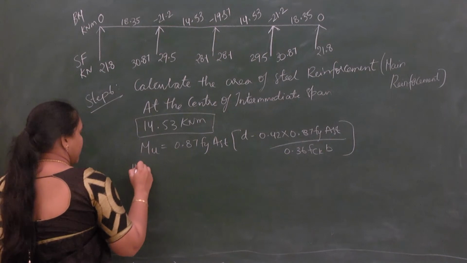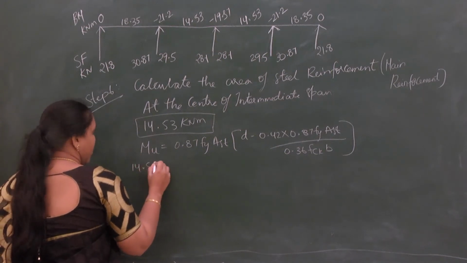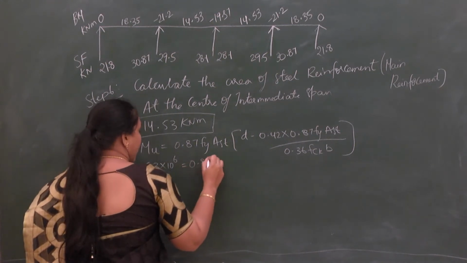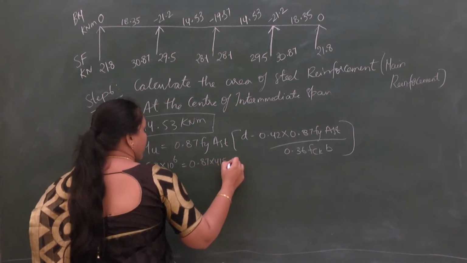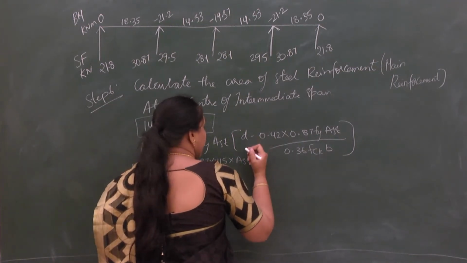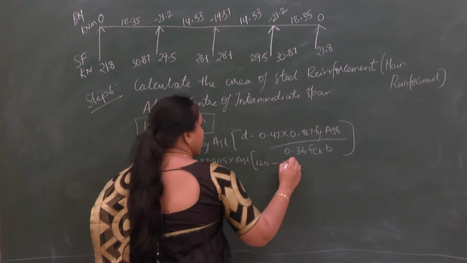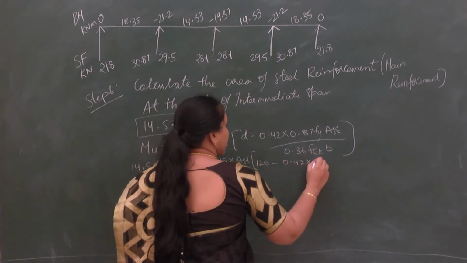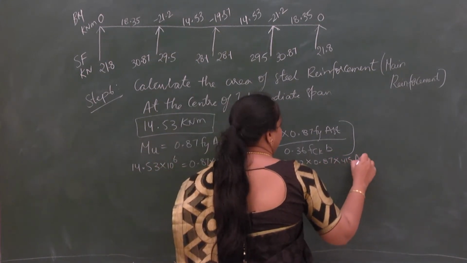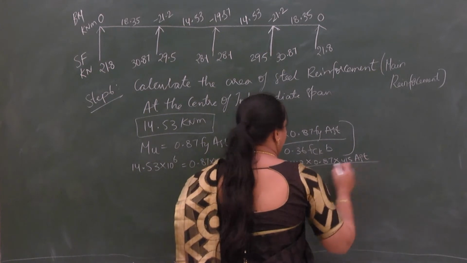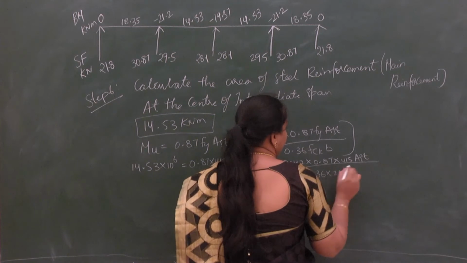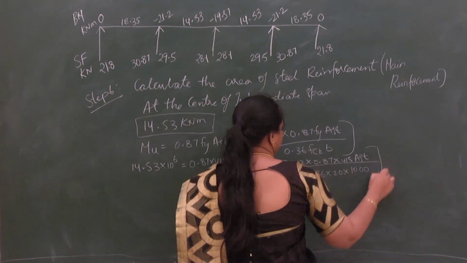So what is Mu here? Mu is 14.53 into 10 to the power of 6 Newton mm, equal to 0.87 into Fy, which will be 415, into AST into d. d here is how much? 120, minus 0.42 into 0.87 into Fy, which is 415, into AST, divided by 0.36 FCK, which is 20, and b here will be 1000.